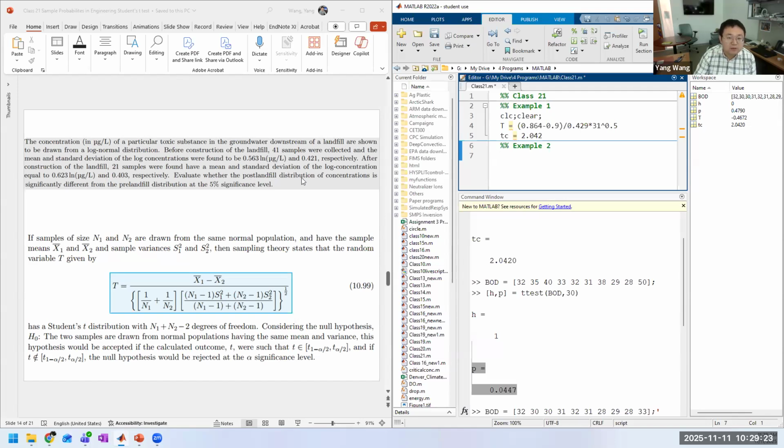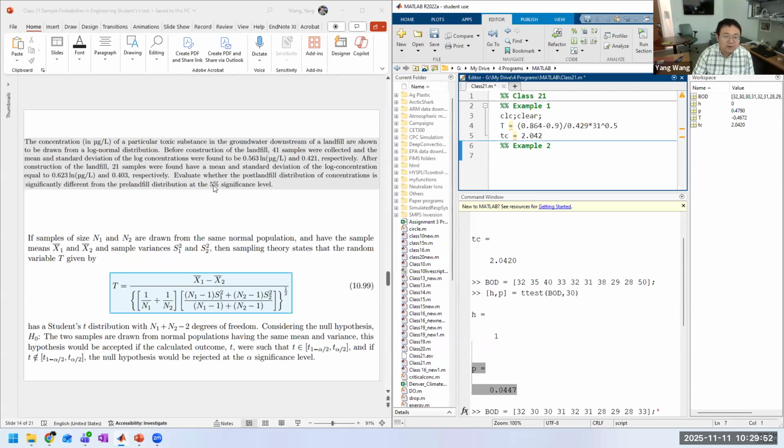Evaluate whether the post-landfill distribution of the concentration is significantly different from the pre-landfill distribution at the 5% significance level. We're talking about whether they're different, not about one being higher than the other. So we need the two-tail test, since it could be much smaller or much higher.